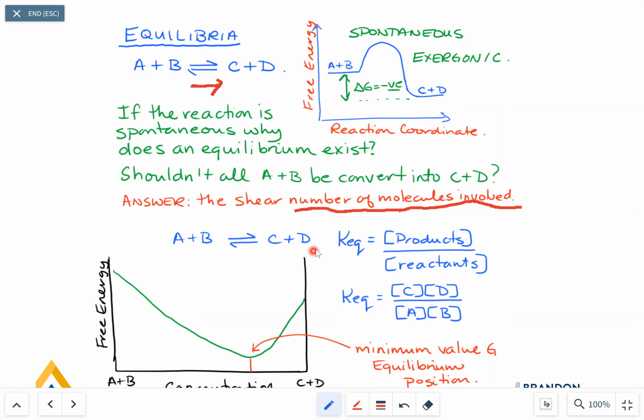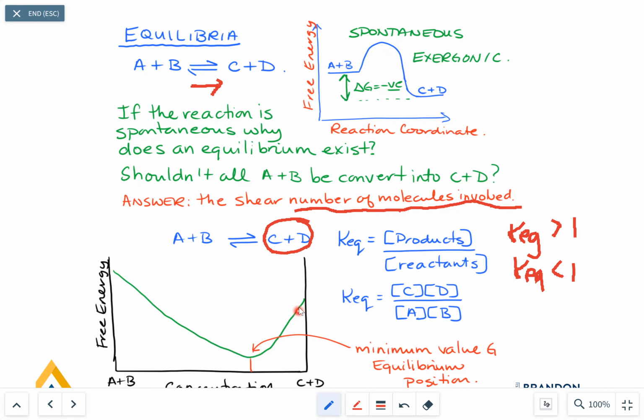So if this number is larger than this number, then the equilibrium constant will be greater than 1, and the equilibrium is going to favor the products. If K equilibrium is less than 1, so the bottom is a larger number, then it's going to favor the reactants, right?